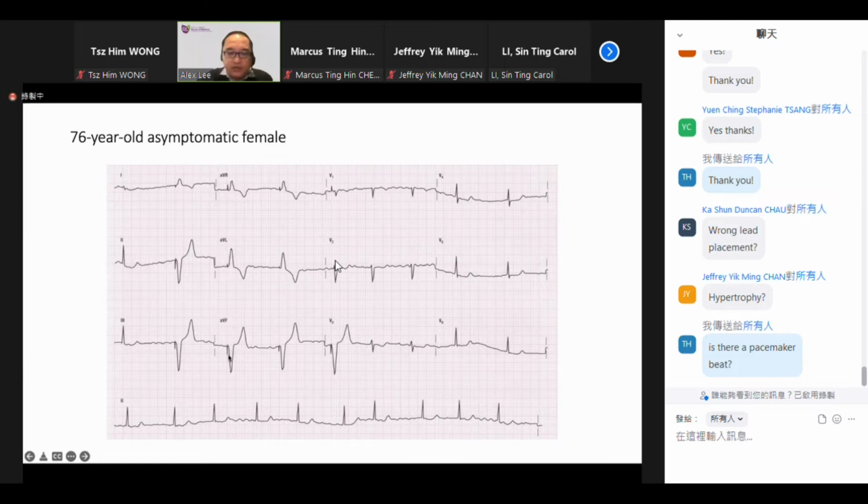So pacemaker spike here and here and here, and it doesn't occur here because it's sensing this beat, which is an intrinsic beat. So the sensing function is normal. And the pacing function is normal because after the pacemaker spike, there is a QRS complex. If you see a pacing spike and nothing after that, then it may be a malfunction in the pacing.